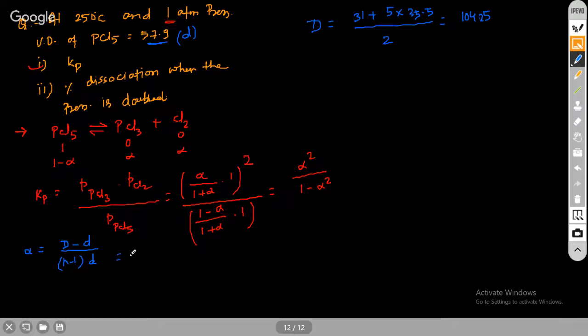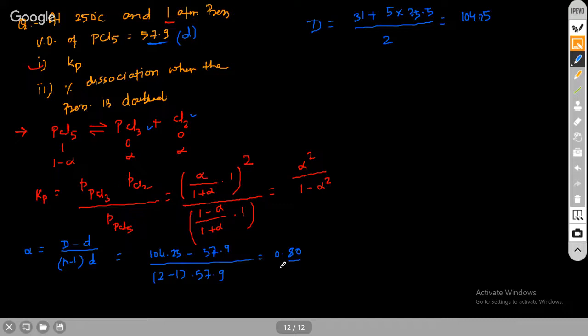Just substitute here: 104.25 minus 57.9, divided by (2 minus 1), where the value is 2 because of the number of products, PCl3 and Cl2, into 57.9. When you solve this you'll get 0.80, 80% alpha, the degree of dissociation.